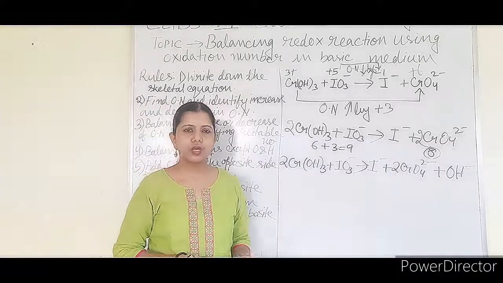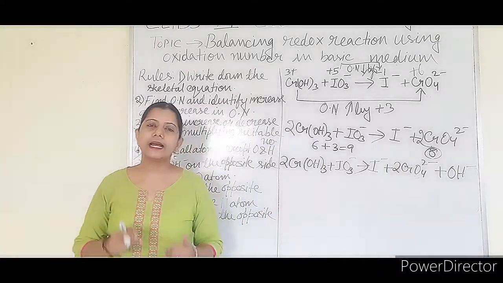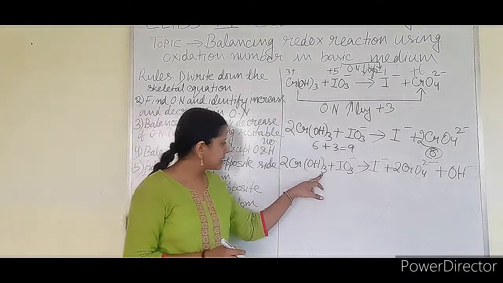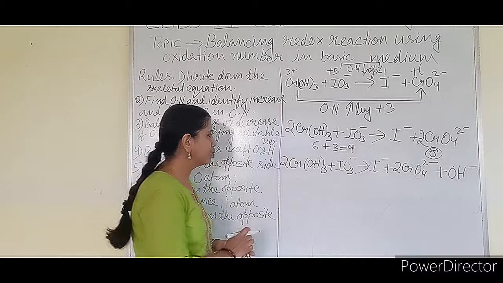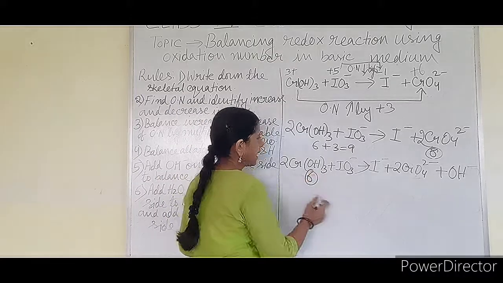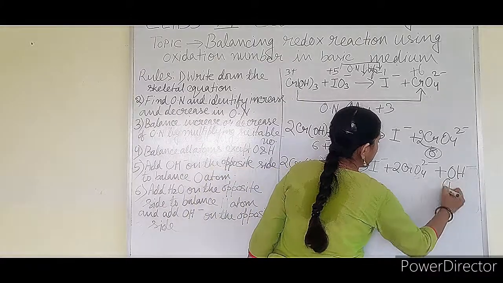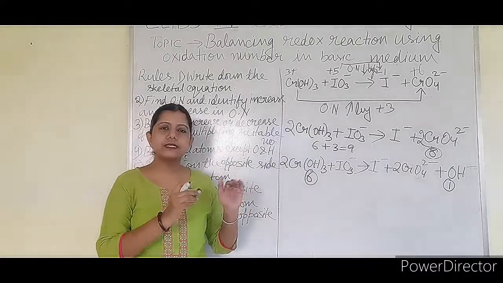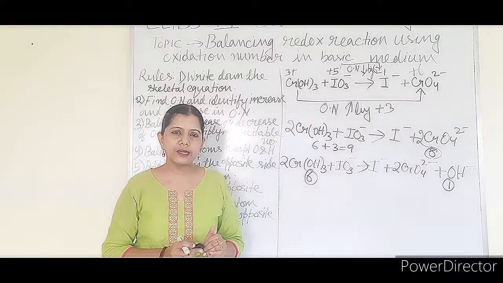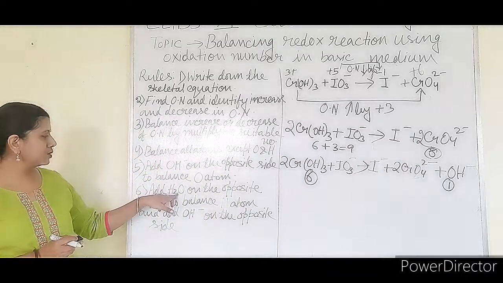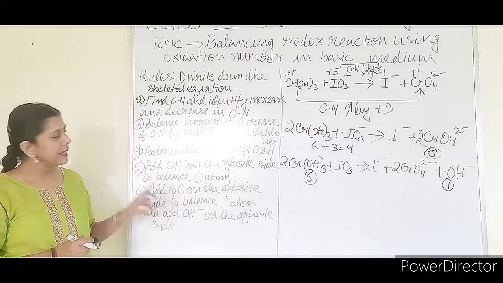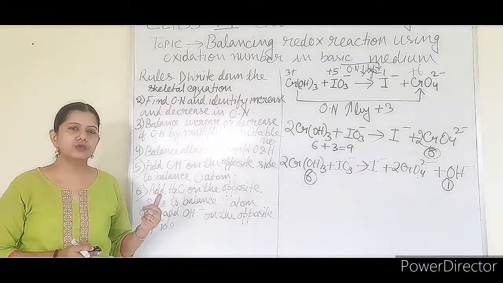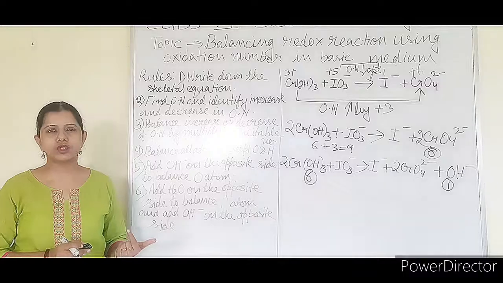What is the next rule? I have to balance the number of hydrogen atoms. So find the number of hydrogen atoms. This side 3 into 2, it is 6, and this side only 1. So deficiency of 5. In the deficient side, I am going to add water molecules, and on the opposite side I am going to add an equal number of OH negative ions.